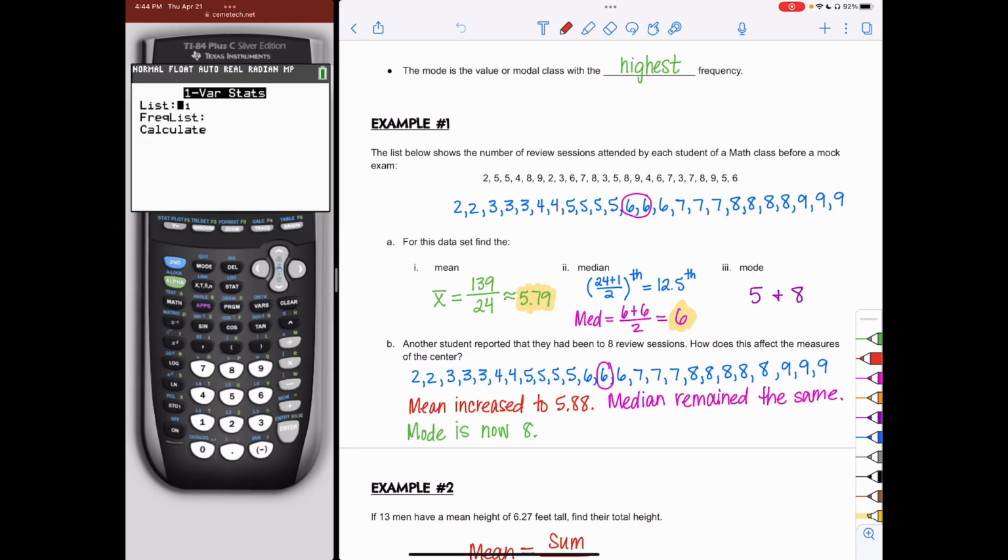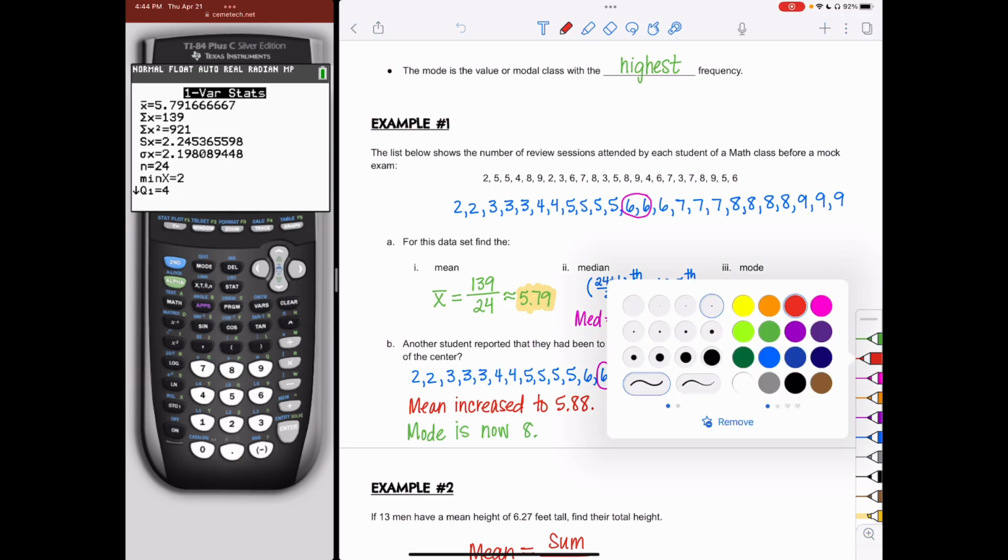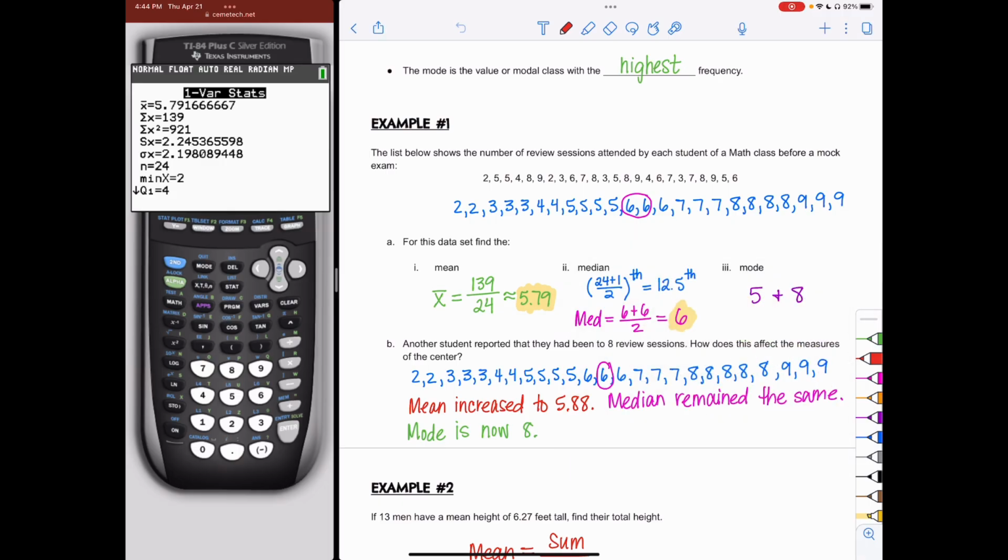We are not dealing with frequency tables, so there's no need to have anything there, so that should be blank. Once we do that, we're going to go down to calculate, and then we can see that our mean is at the top, which is 5.79. So that checks off. When we scroll down, our median is equal to 6, and that also checks off. The calculator is not going to give you the mode because you should be able to look at it.